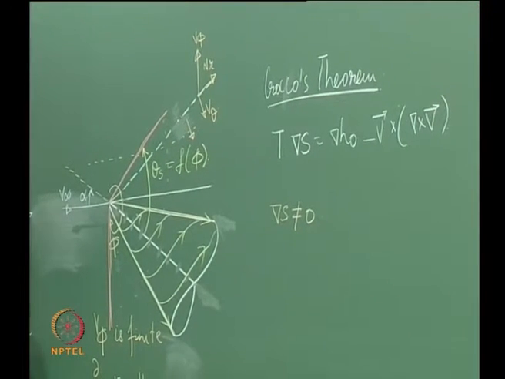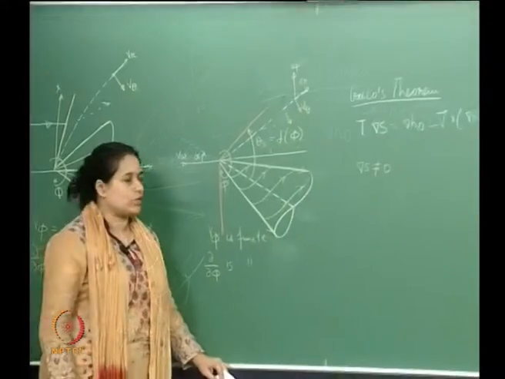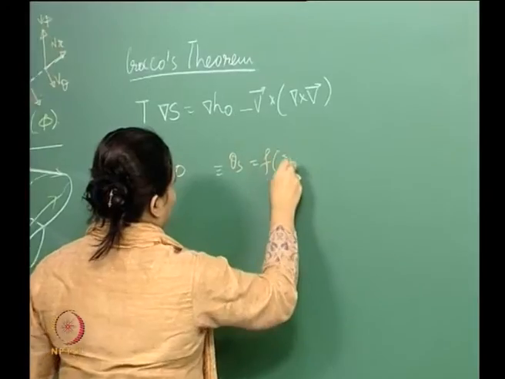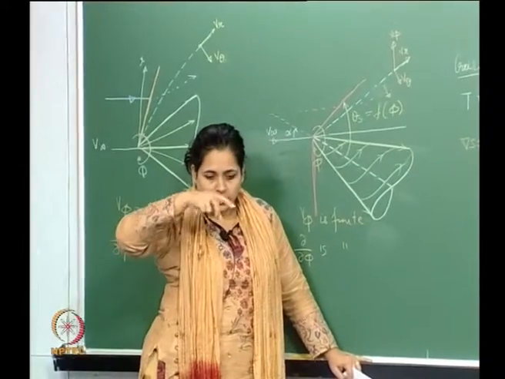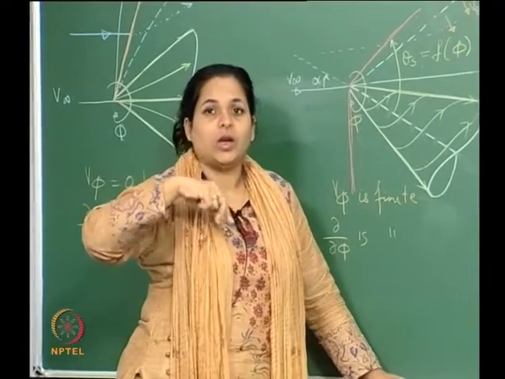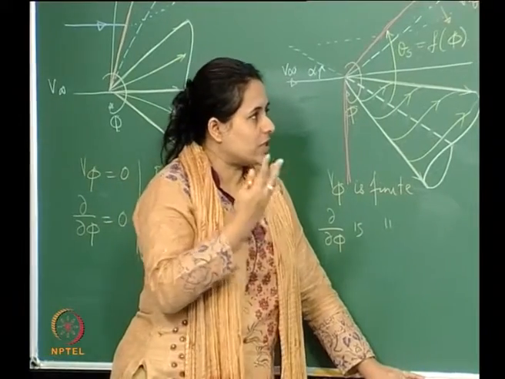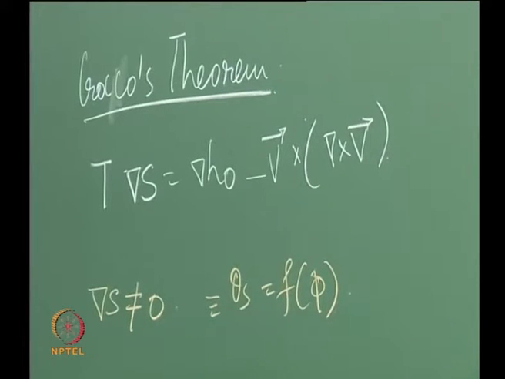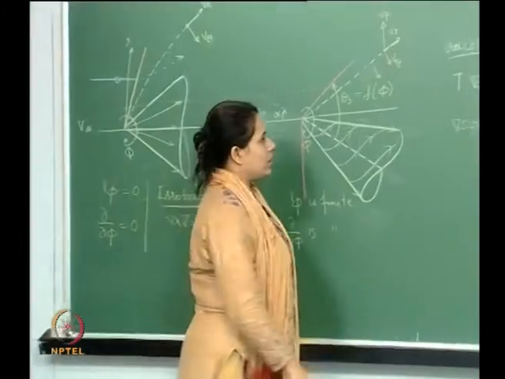If you look at Crocco's theorem, there is a finite change in the entropy, and that is the reason, because as the streamline moves from one point to the other, there is a change in the azimuthal angle, which is the phi, which in turn means that we are looking at a different strength of shock. With theta s different, I have a different entropy attached to it.